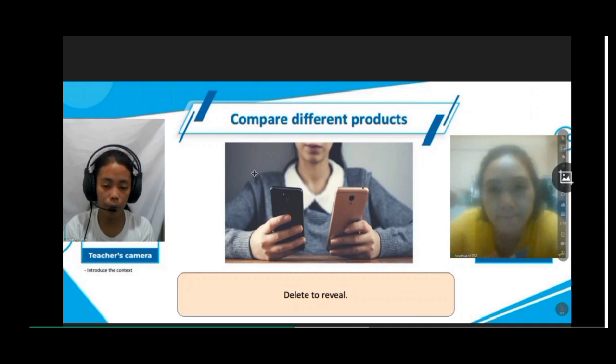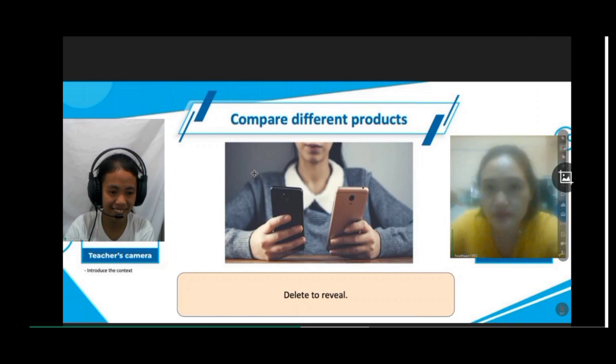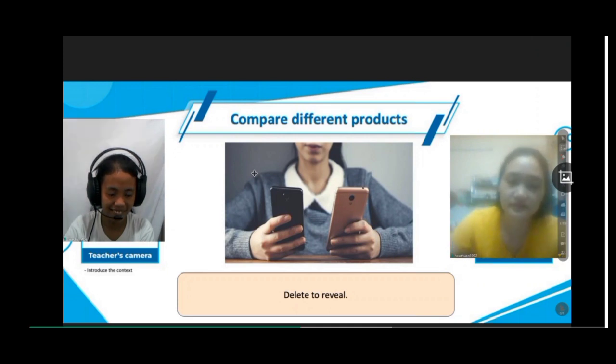If you are going to compare a cell phone, so what would you say? Telephone, and orders to clothes. Color. Orders to color. Yeah.